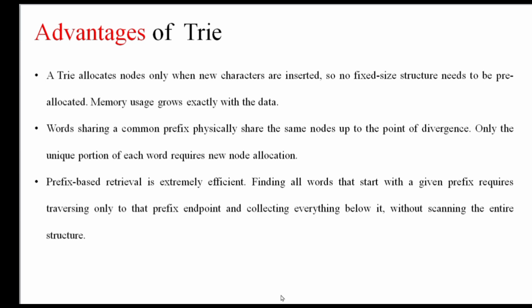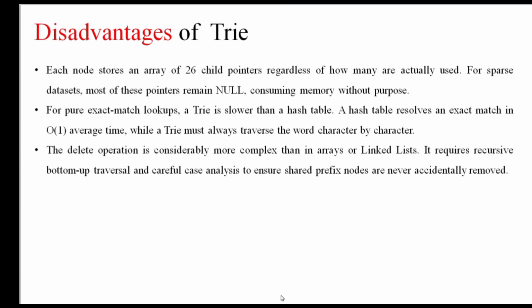And the other part is the disadvantages of a trie. Every data structure has some bad points, and a trie has them too. First, it has high memory use. Each node in a trie has an array of 26 child pointers.